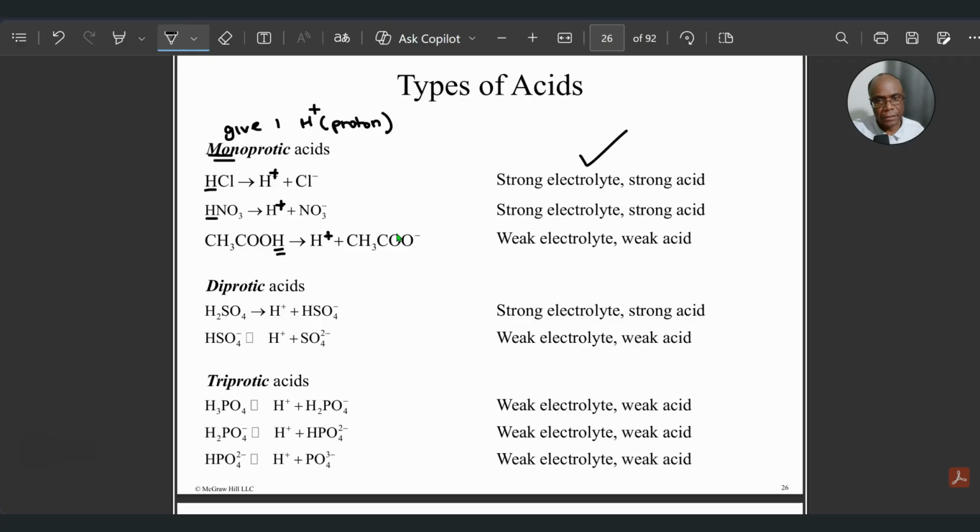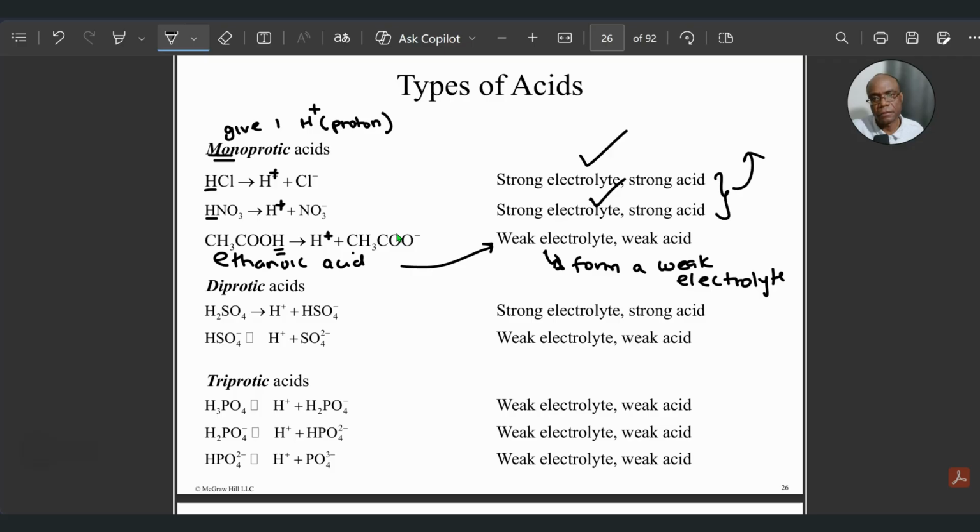HCl is a strong acid, nitric acid is a strong acid, but we talked about ethanoic acid in vinegar. It's a weak acid, and this is going to form, we said, a weak electrolyte in water because it's a weak acid. These other two will form strong electrolytes when dissolved in water.